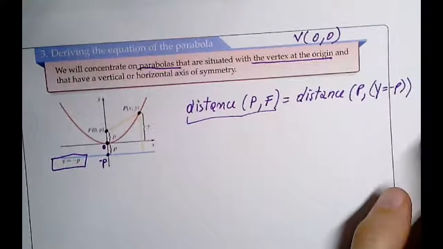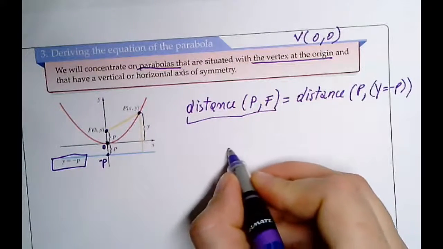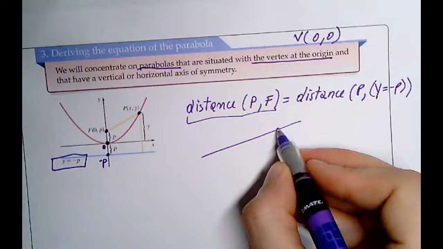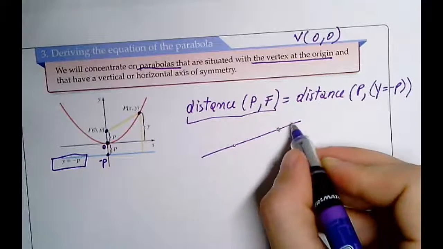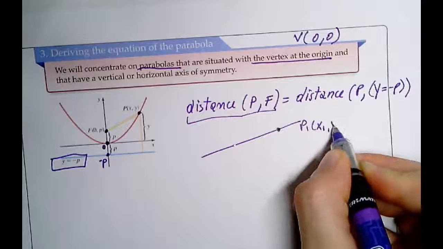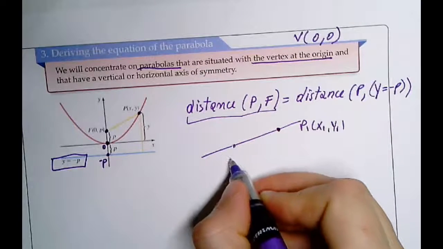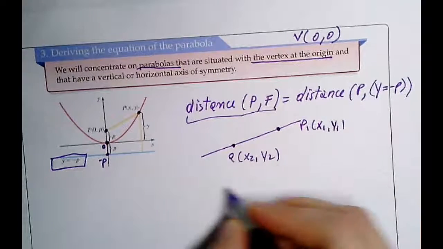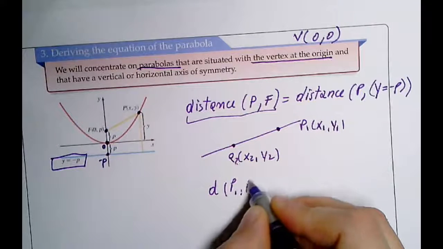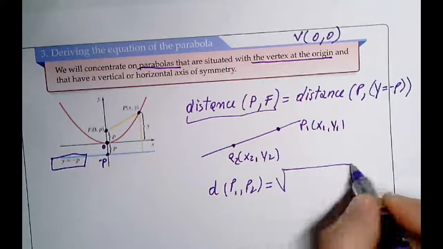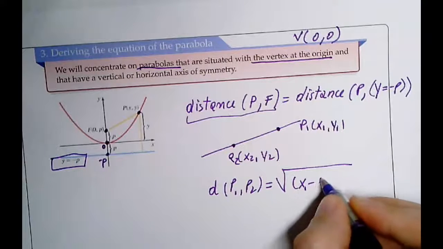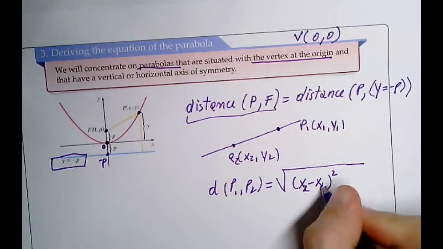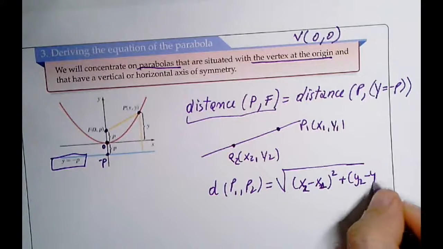If you recall from geometry, if I have a point P1, which is (x1, y1), and then P2, which is (x2, y2), the distance between P1 and P2 is going to be the square root of (x1 minus x2) squared, or just (x2 minus x1) squared, plus (y2 minus y1) squared.